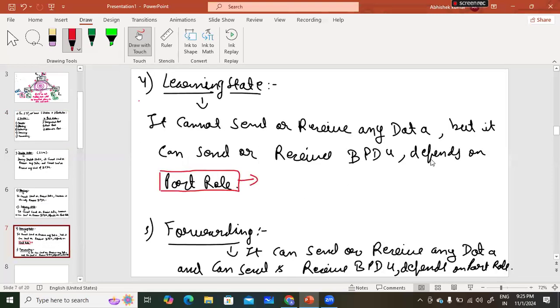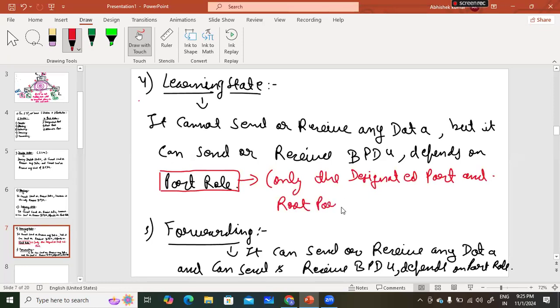Under the port role, only the designated port and root port can send or receive any data.